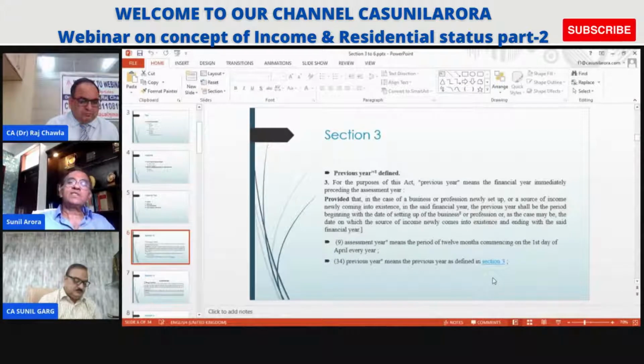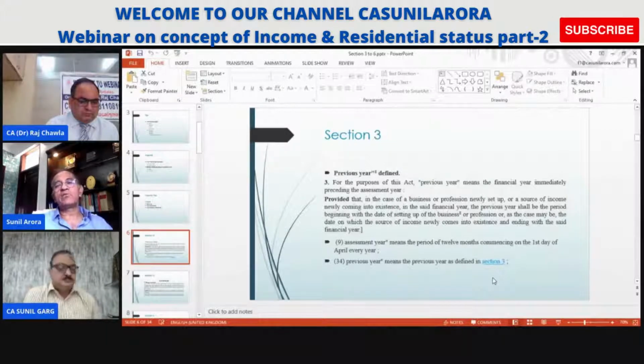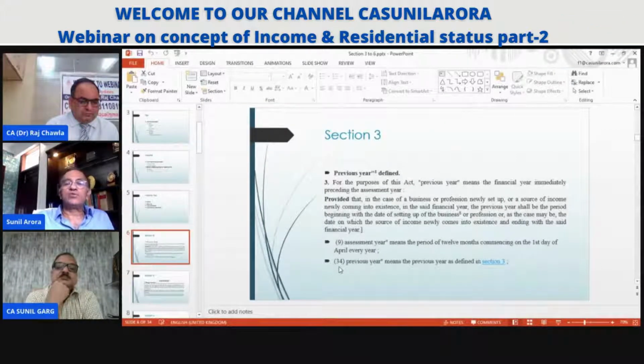And if you look at the manner in which it has been defined in the Act, the reason the Income Tax Act has become complicated is that we have not tried to remove all this redundancy that has crept into the Act. Previous year has been defined in section 3, and we also have it in clause 34 of section 2.